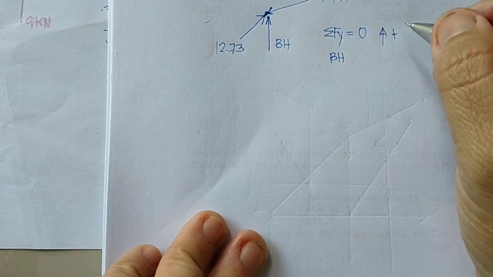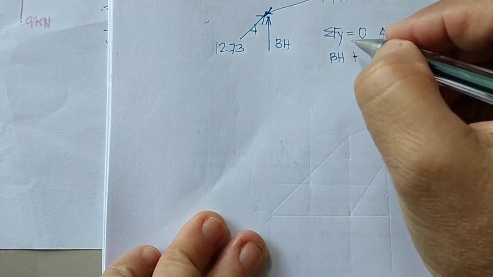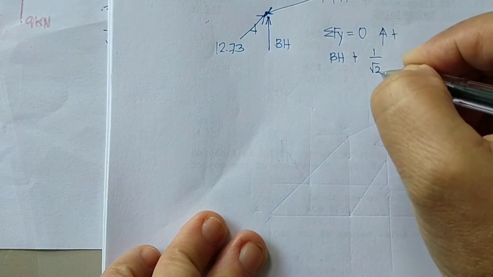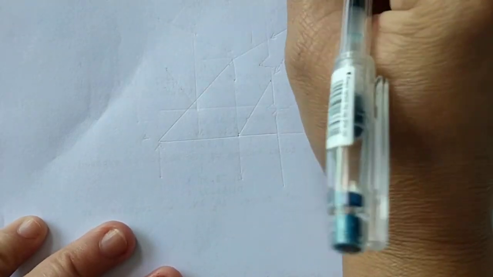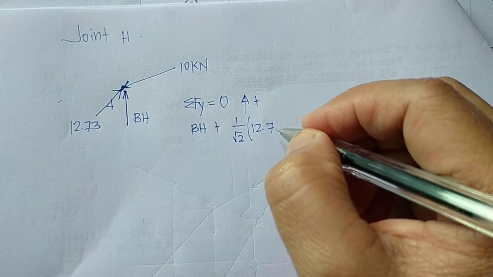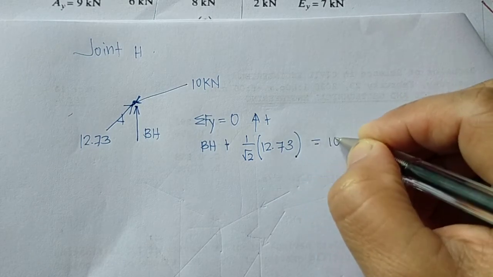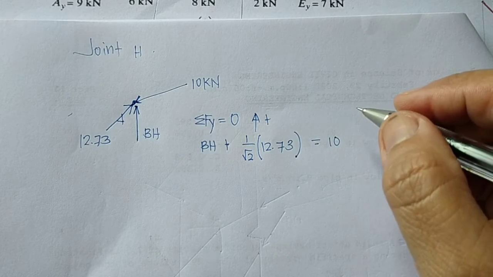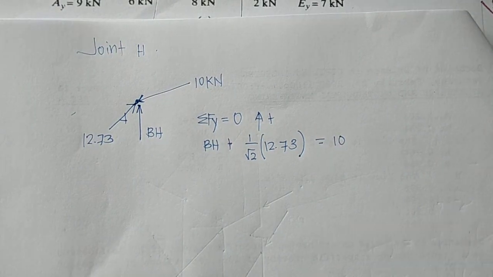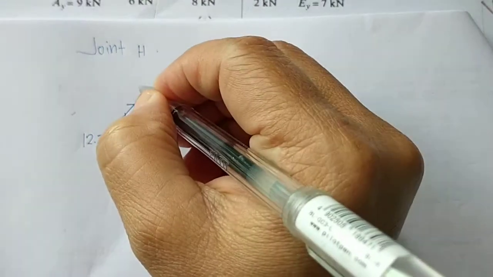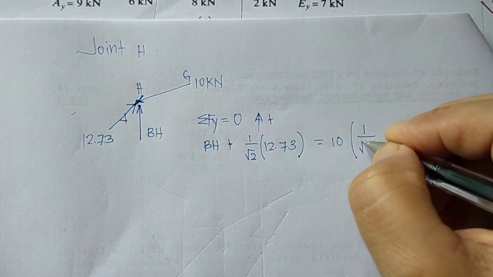BH plus this one, this is 1 over square root of 2 multiplied by 12.73 equals 10, so the slope of GH is 1 over square root of 5.